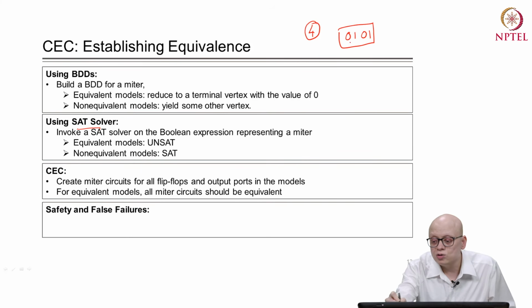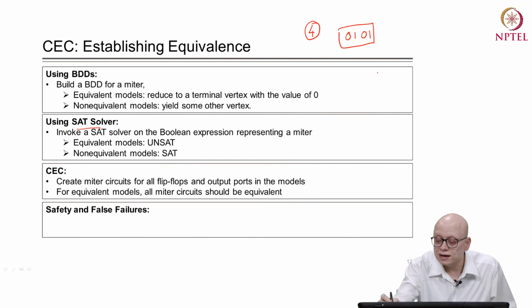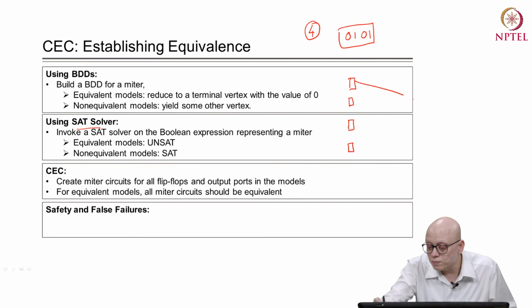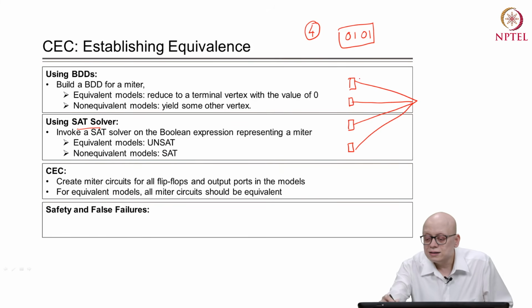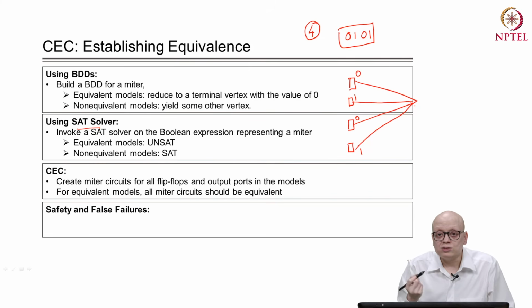Now, this 0 1 0 1 is the output of the flip flops, meaning that there are 4 flip flops 1 2 3 4, and there is a combinational logic cone which is driven by these 4 flip flops, and the values at the output of these flip flops are 0 1 0 1. That is what we are saying that the combinational equivalence checking tool will give us as the failing pattern.